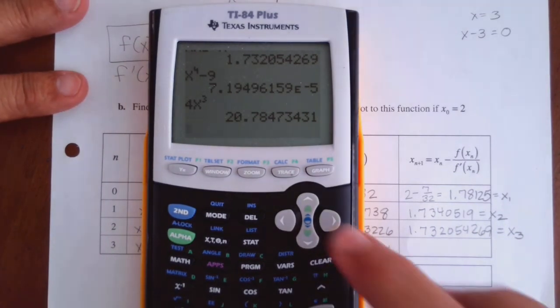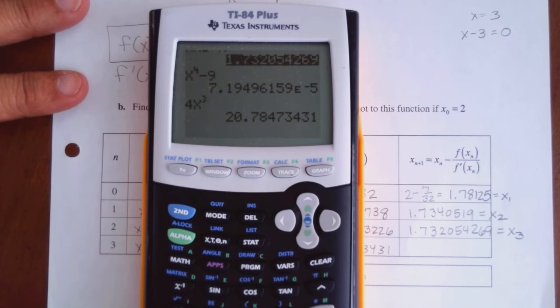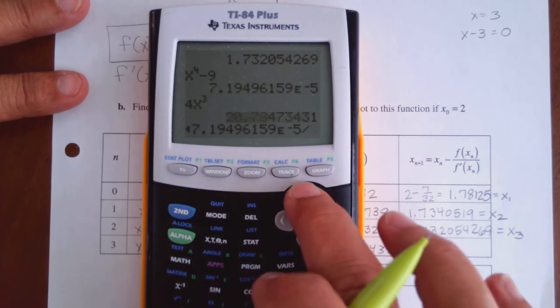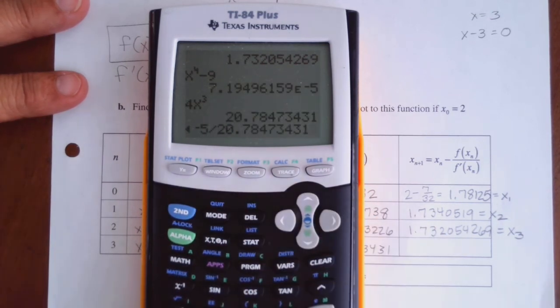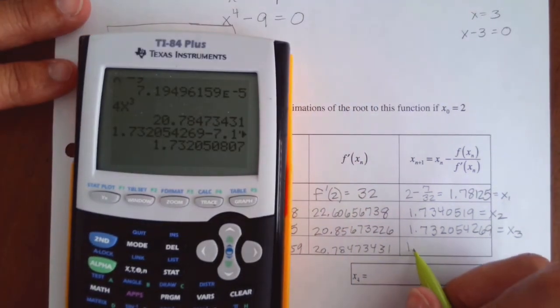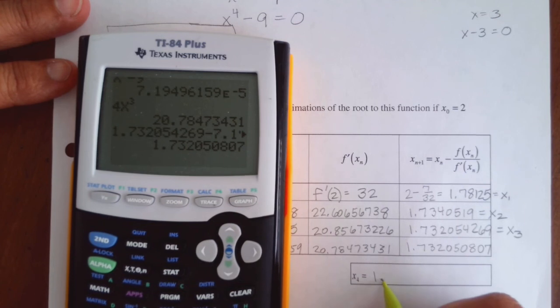And one last guess. This is what I'm going to end on. So we need our guess minus function value divided by derivative. Okay, this time we get 1.732050807, and that's our fourth approximation.